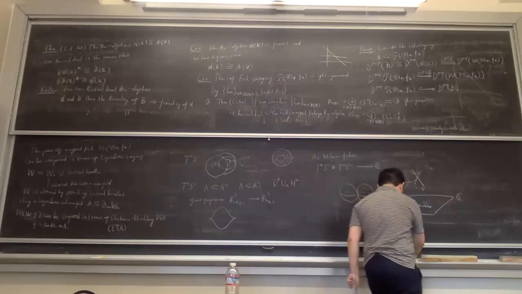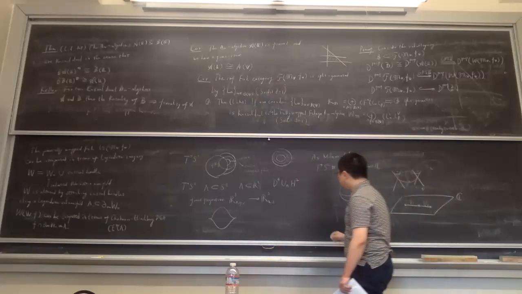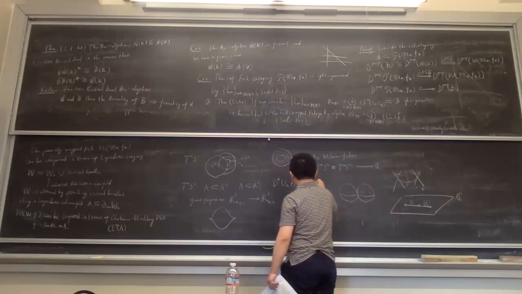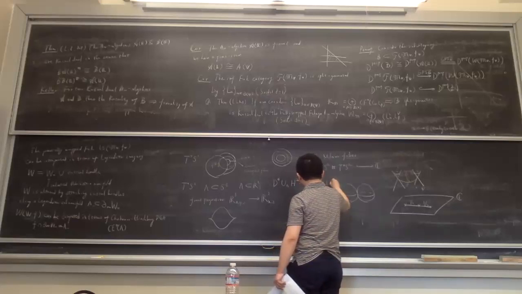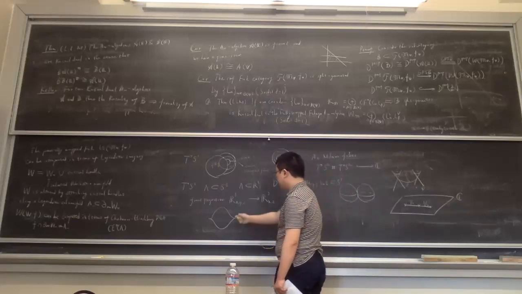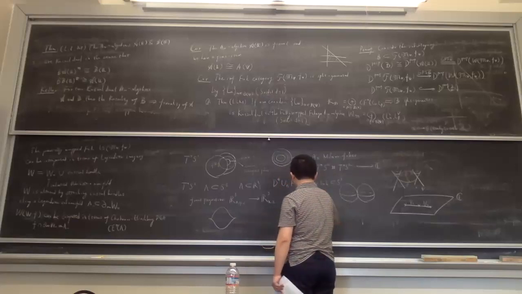And if you want to construct this Weinstein manifold, what you need to do is consider the Hopf link inside S3. If you do this front projection picture, it looks like this.